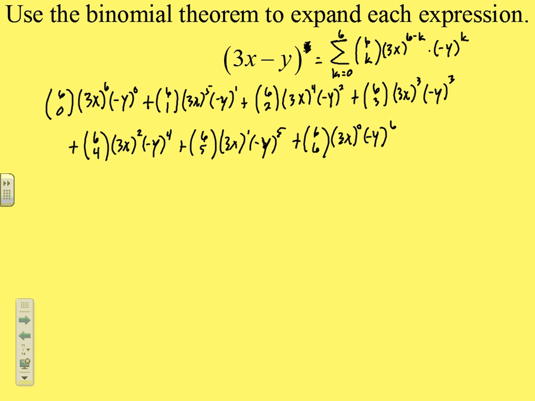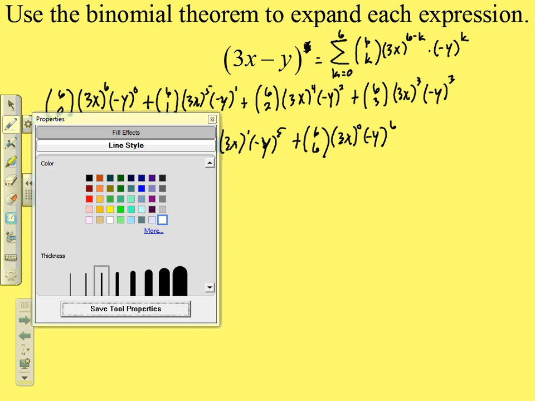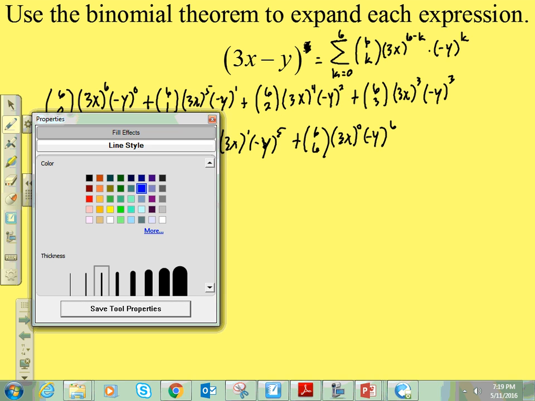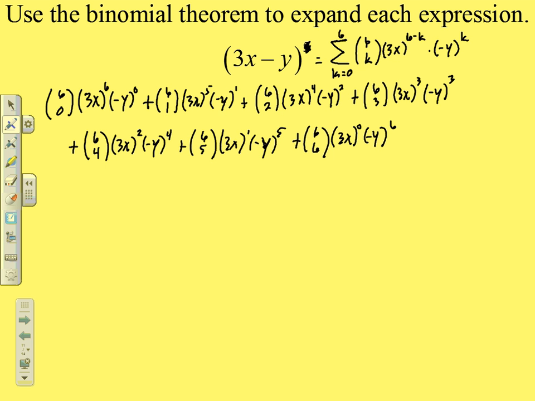Now let's use our Pascal's triangle a little bit. If you have it handy from your notes, you don't necessarily have to write it down again, but since I don't have it handy, I'm going to write out my Pascal's triangle real quick.